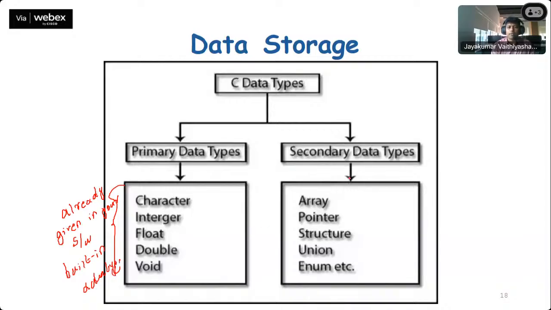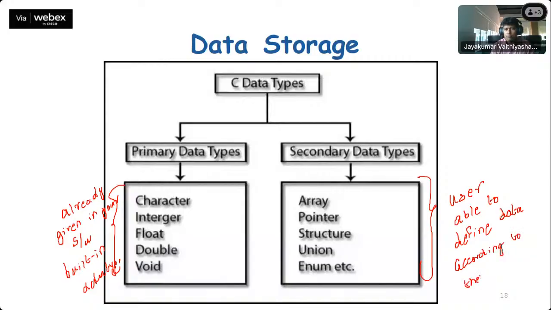But if you are looking at secondary data type, here the user is able to define data according to their demand. So this will give freedom for the user, freedom for the developer.